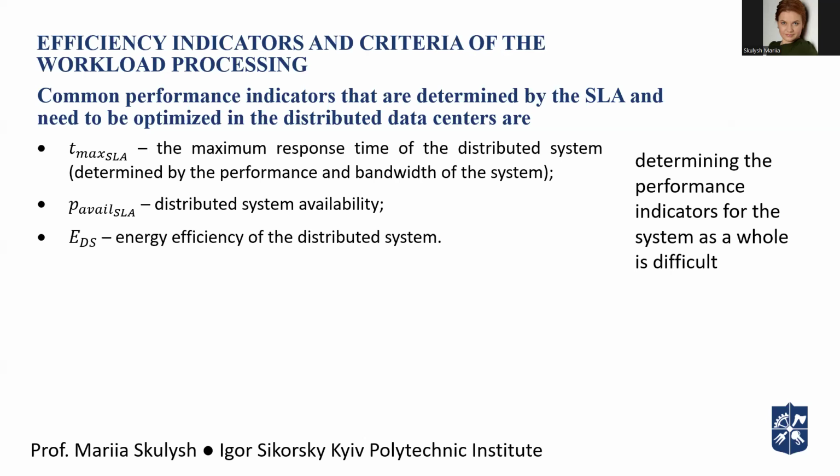Efficiency indicators and criteria for workload processing. Common performance indicators are determined by the SLA, which should be provided during the processing. So it's the maximum response time, the distributed system availability percentage, and also the energy efficiency of distributed systems.